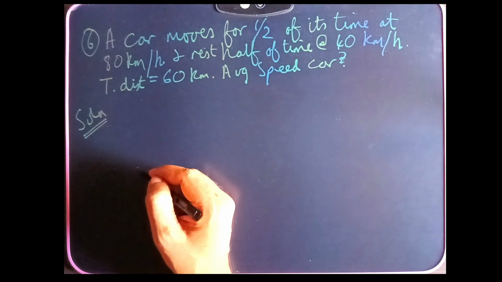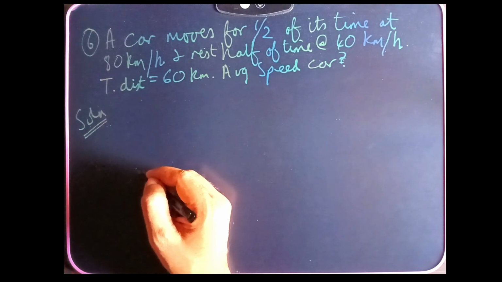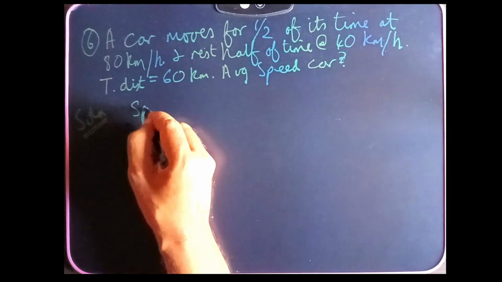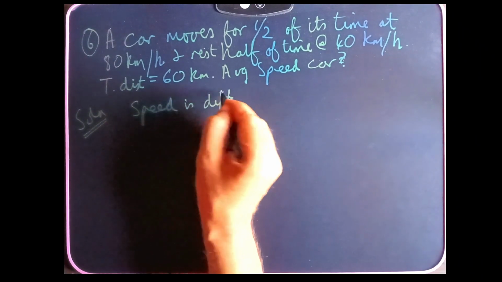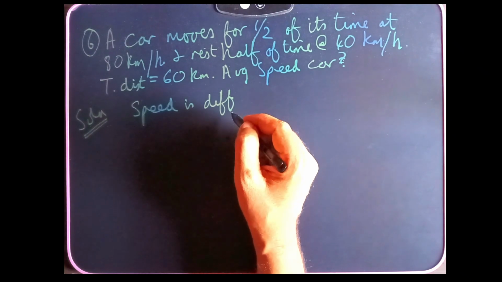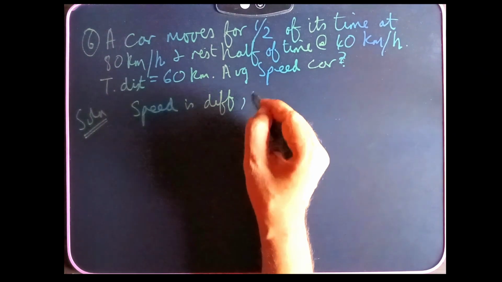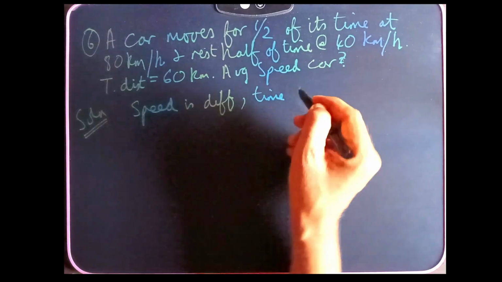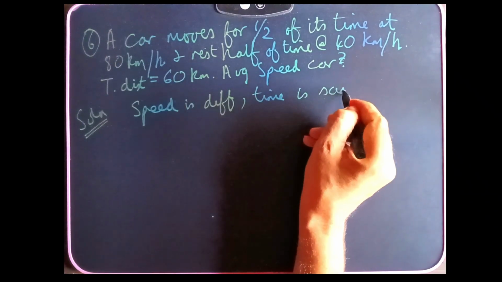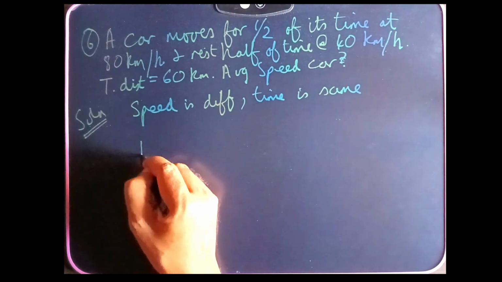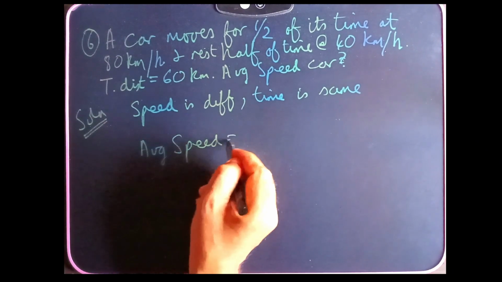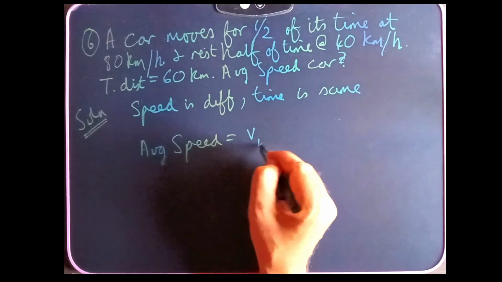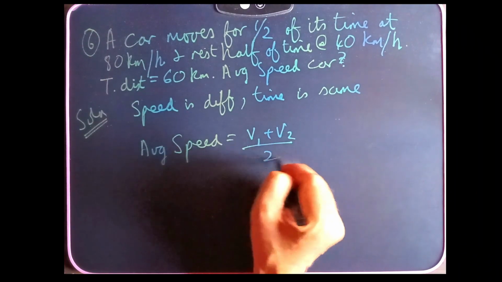So what is given here? The car is moving at different speeds, but the time interval is the same. So we have already seen this formula. But we know the formula V1 plus V2 divided by 2.